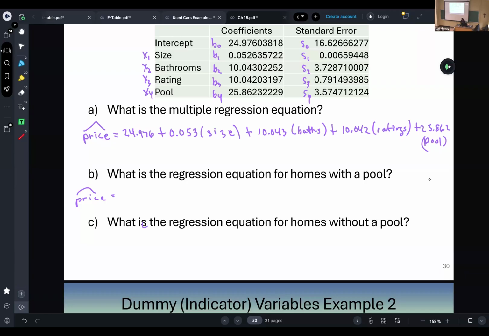I'm going to take 24.97603818 and add it to 25.86232229. That's going to be the intercept: 50.838. That's the new intercept with the pool. Everything else stays constant.